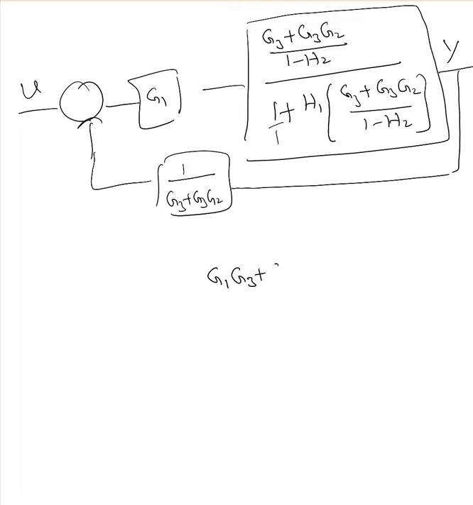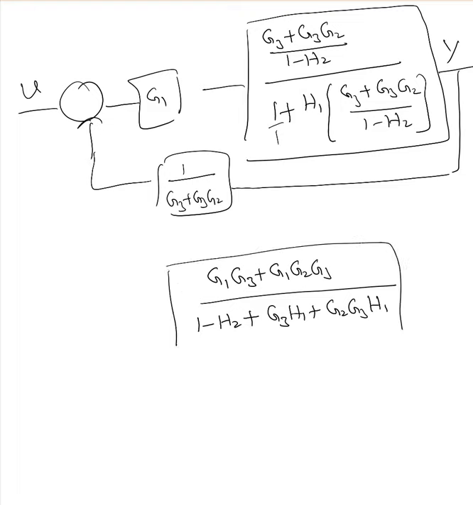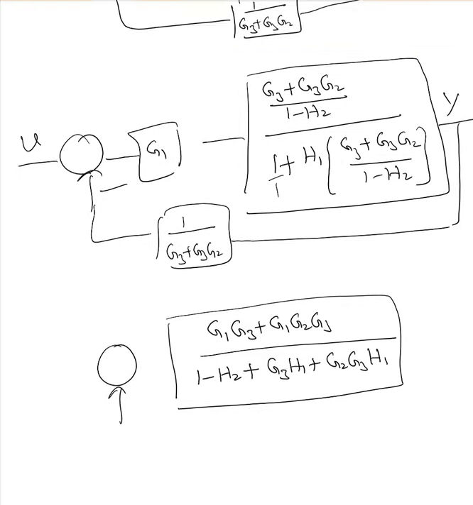z3 plus z1 z2 z3 over 1 minus h2 plus z3 h1 plus z2 z3 h1. Now this whole thing has a feedback, that's a negative feedback, I believe.